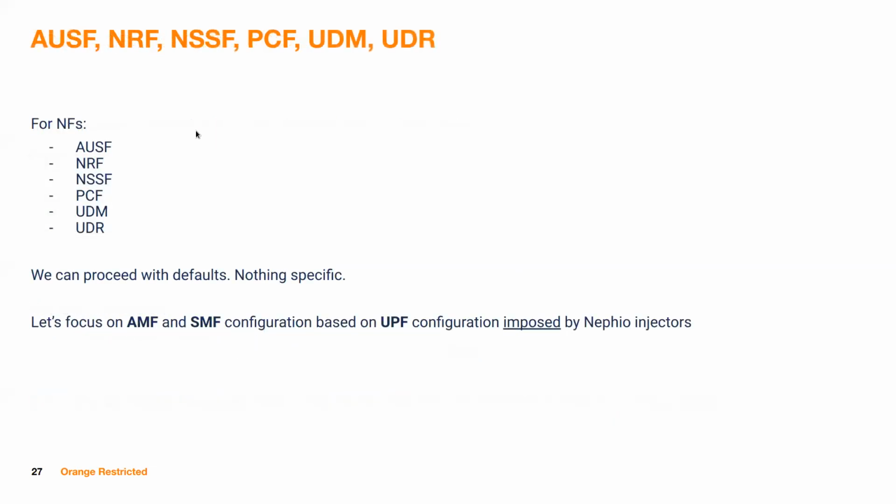Most of them do not have such specialties, so we can keep those network functions as they are without any changes. We will proceed with AMF and SMF because the configuration of those two is imposed by the Nephio injectors for the configuration of UPF, which is done in the specialization phase.